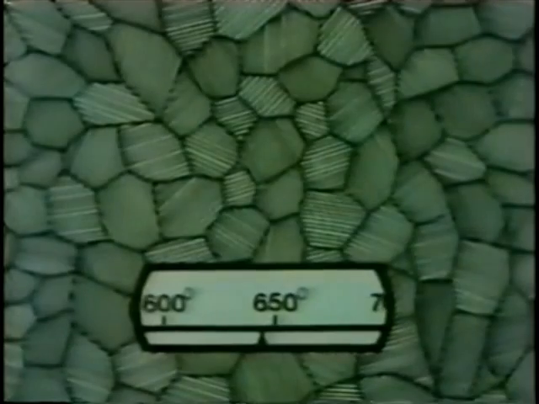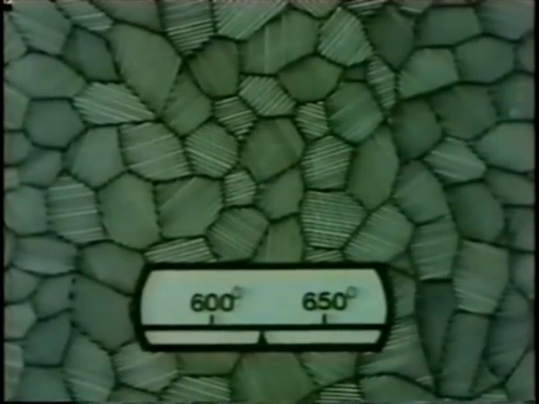These grow until they meet their neighbours. This structure appears to be very similar to the one we started with. But if we compare the two, we find we've reduced the size of the grains and made them more uniform. We've also changed the properties of the steel.